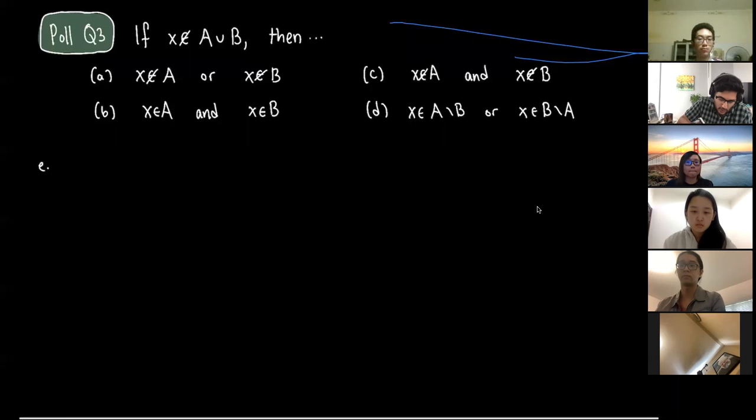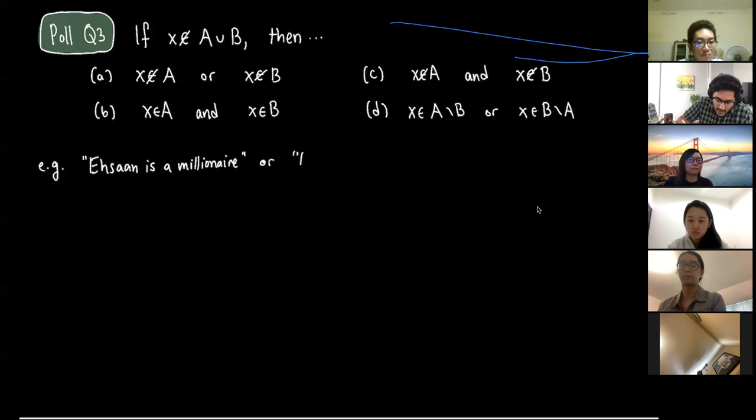Here's an example of or. If I say Asan is a millionaire, or Asan has a cat, this statement is true.